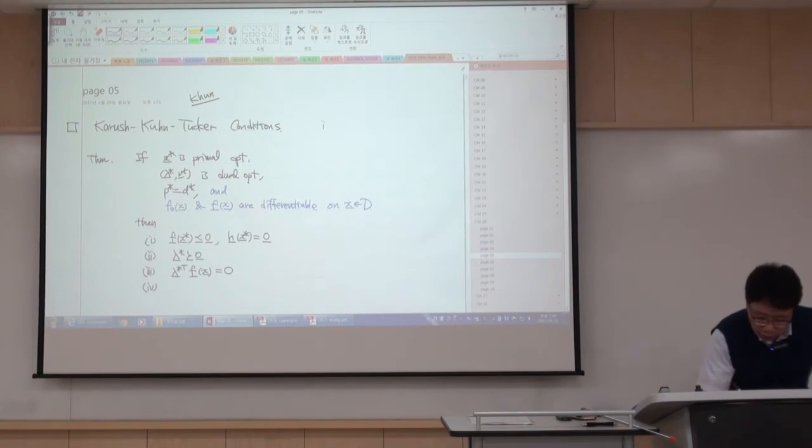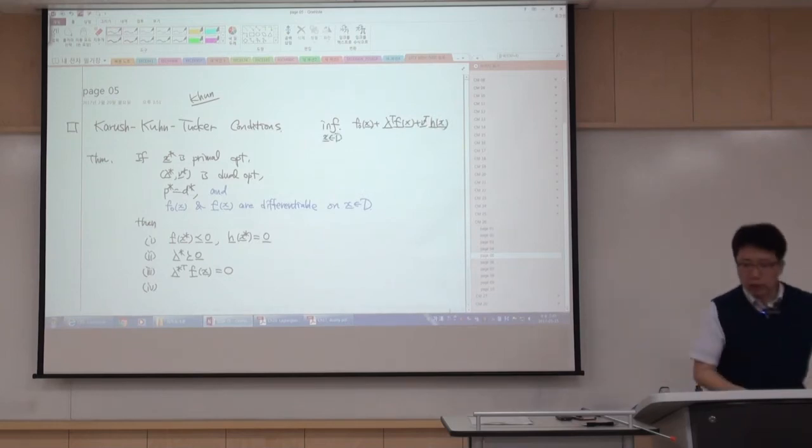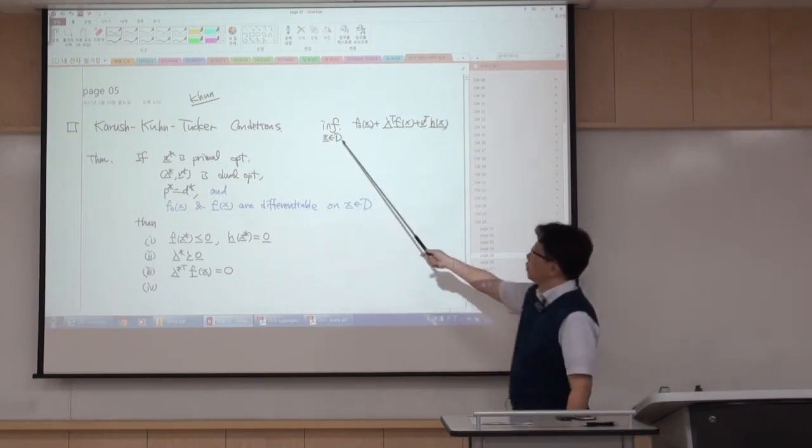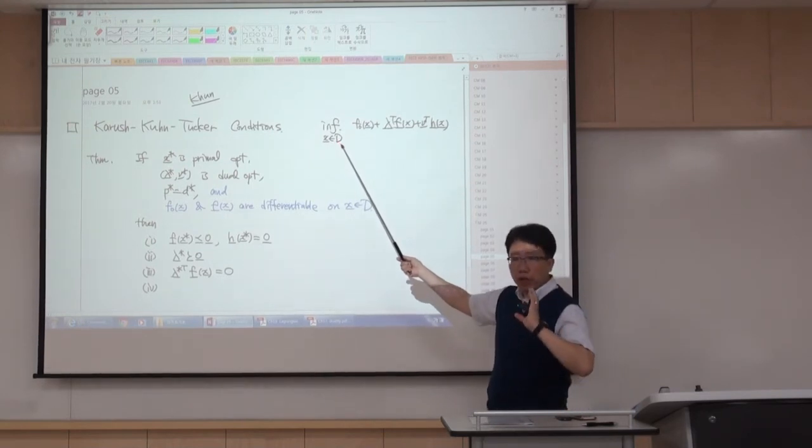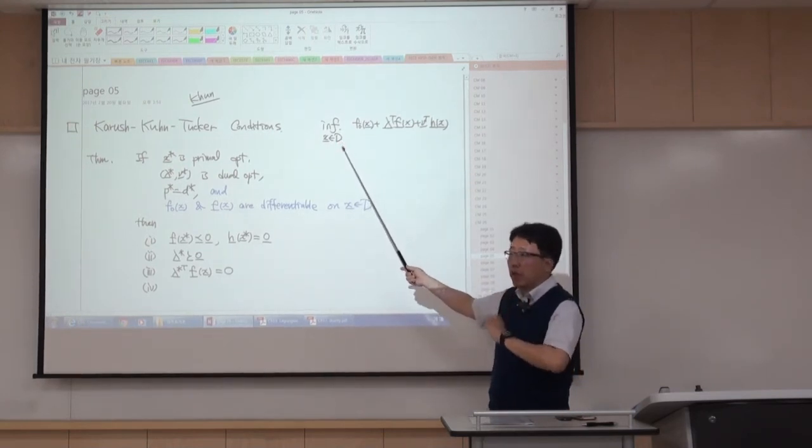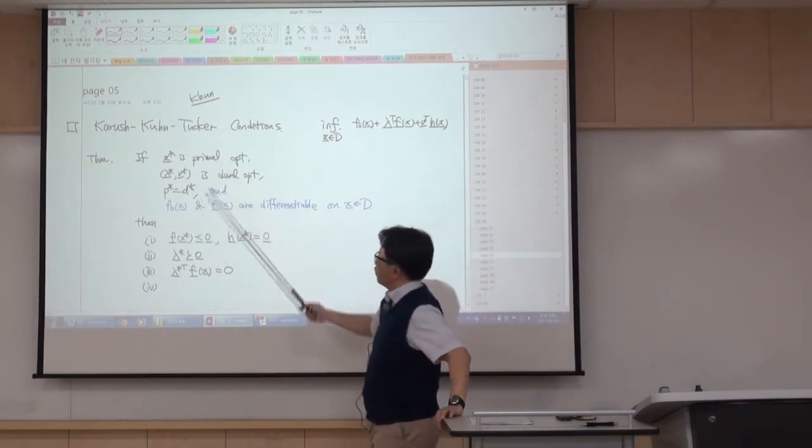So you wanted to infimize f0 of x plus lambda transpose f of x plus nu transpose h of x, subject to x in D, right? Suppose we have chosen omega prime as D, the domain of these three functions.